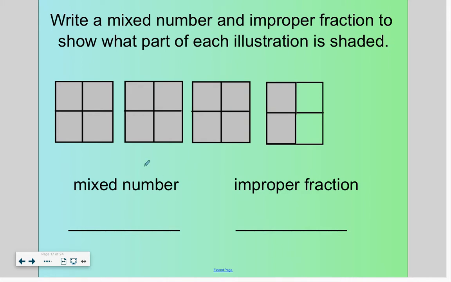Try this one. How many wholes and what fraction, and what would our improper fraction be? How would we figure out how to go from a mixed number to an improper fraction without drawing the picture?